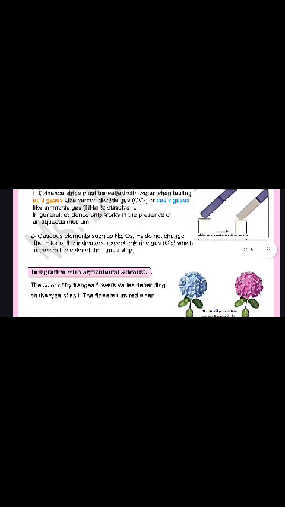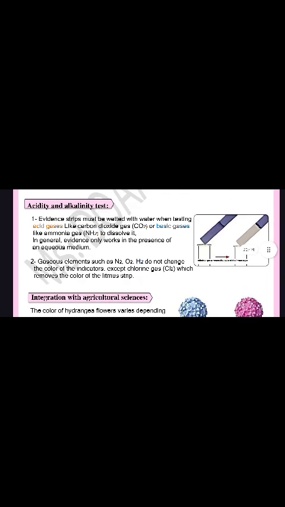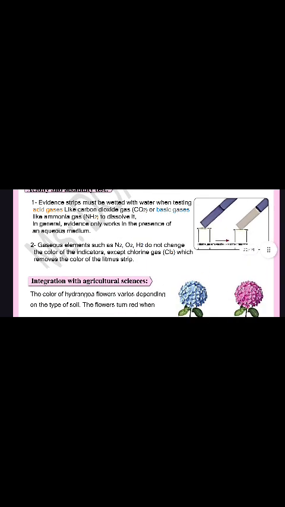In general, indicators only work in an aqueous medium, so they have to be wet. Gaseous elements such as nitrogen, oxygen, and hydrogen don't change the color of indicators, except chlorine gas, which removes the color of the litmus strip. As you can see in front of you, it erases the color from the litmus strip.